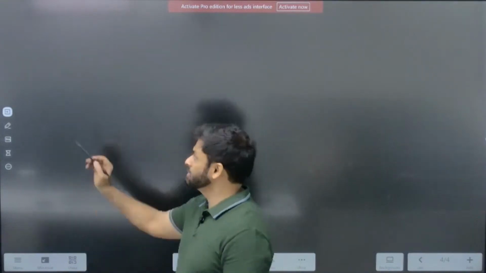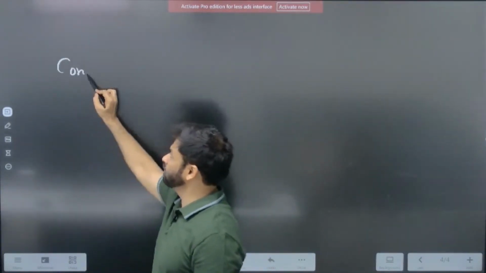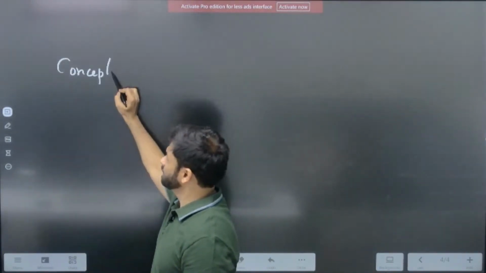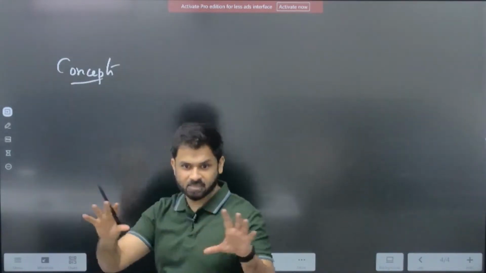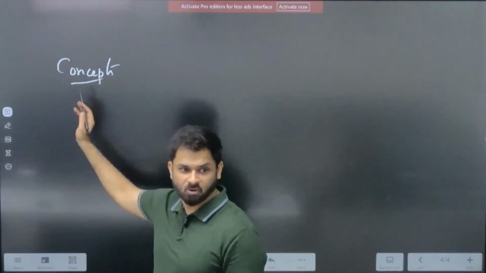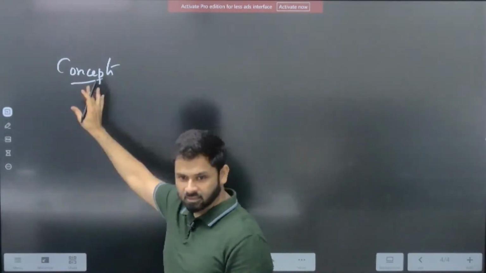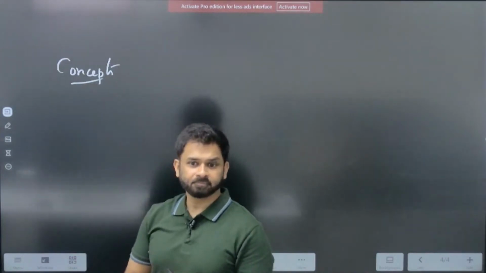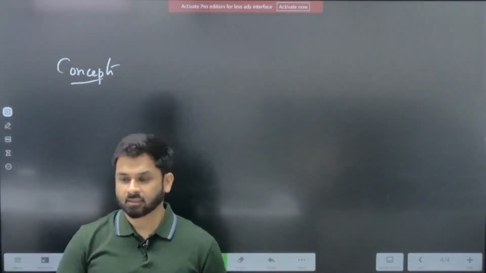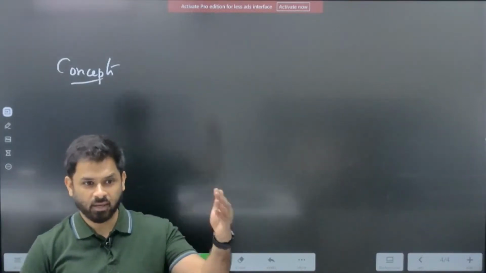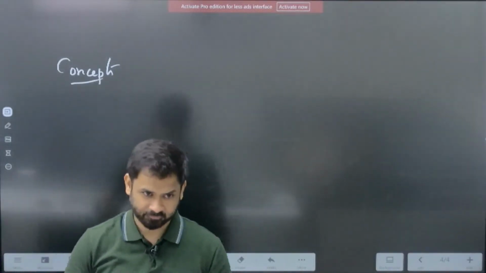See what happens, there are concepts, right? Now you know what concepts are. What are the concepts in political science? The basic terms: state, sovereignty, citizenship, rights, duties, justice, democracy. These are the concepts. We are to look at what are the best ways of bringing these concepts.